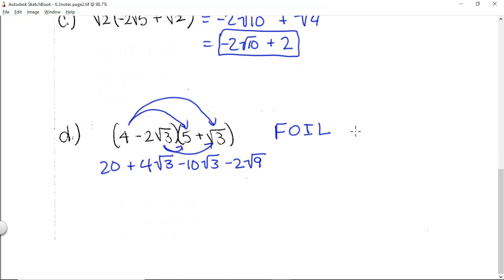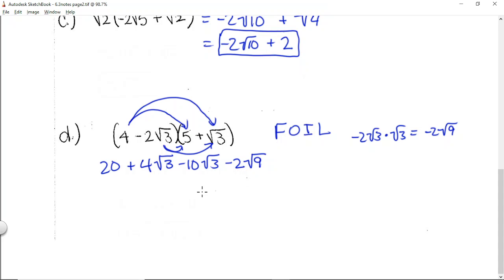I'll write that one over to the side just to make it clear what we did. You have negative 2 times the square root of 3, and we multiplied that by the square root of 3. So multiply coefficients. Negative 2 times 1 is just negative 2. And multiply radicands. 3 times 3 is 9. So that's what we have. That's how we got that.